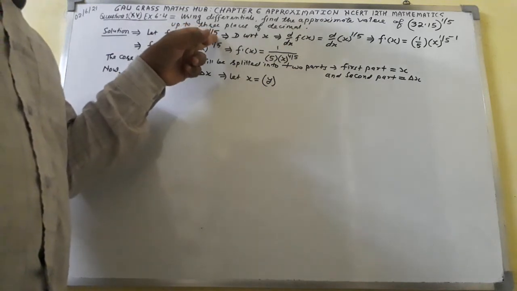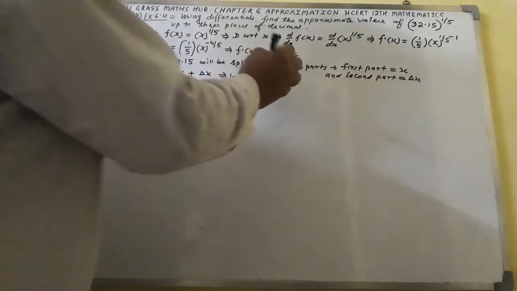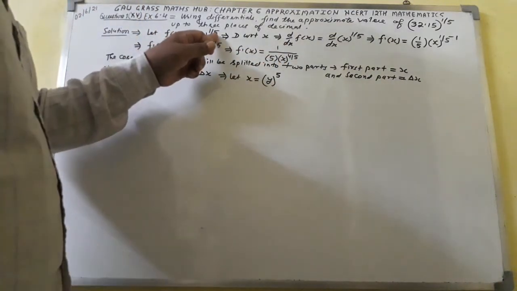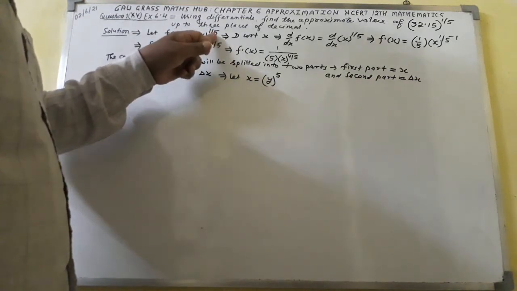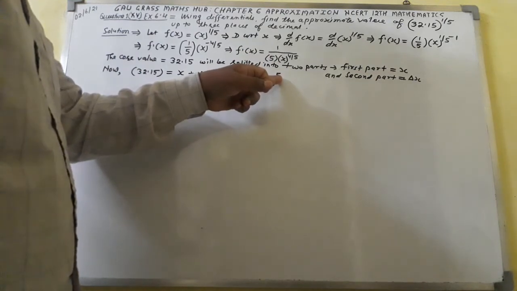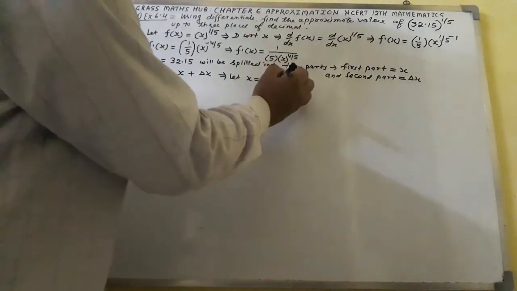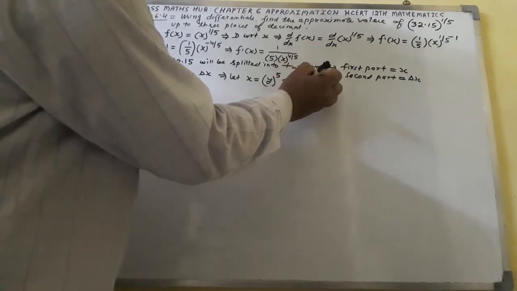The same denominator 5 will be reflected here as the index. So x is equal to y raised to the power 5, approximately 32.15.